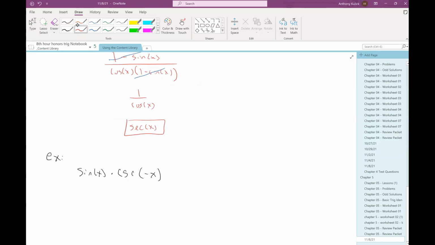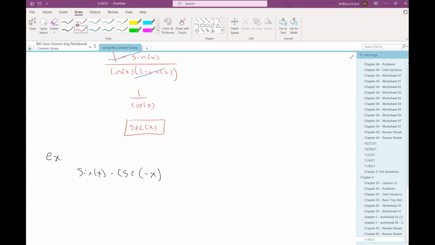Okay, we have sine x times cosecant of negative x. What you want to do first: the variable parts have to be the same in order for us to multiply or add anything together.